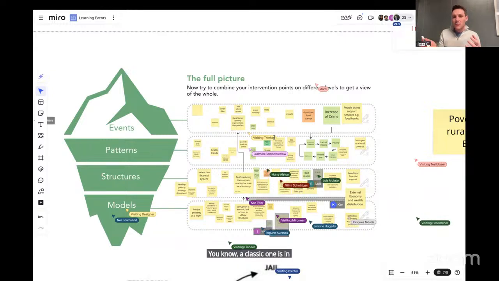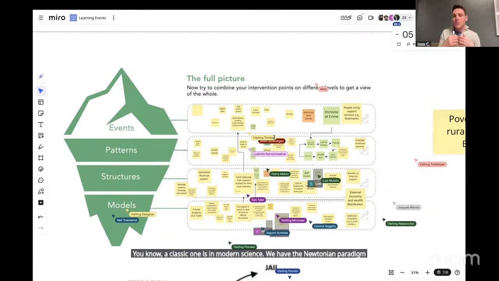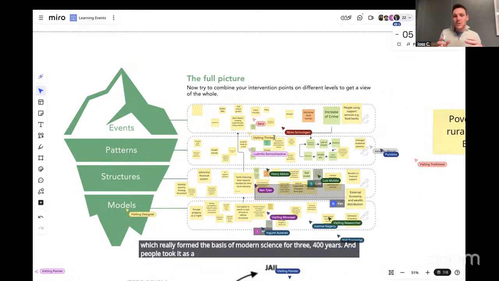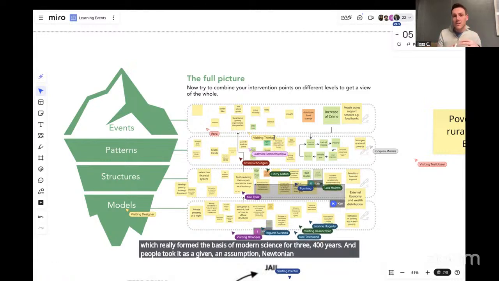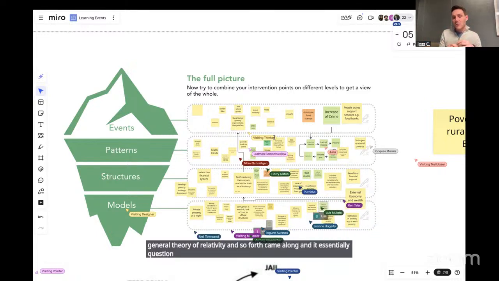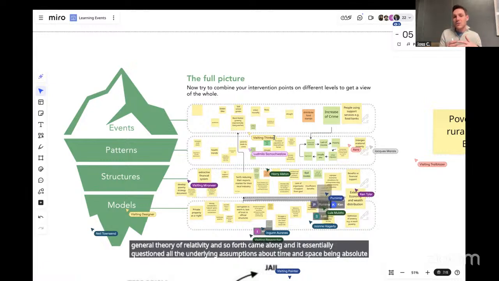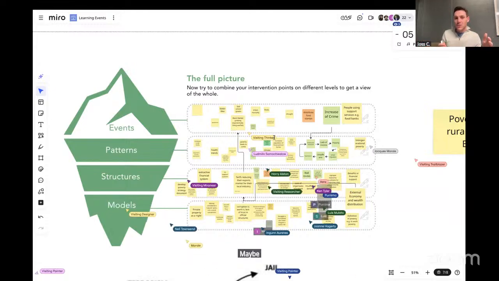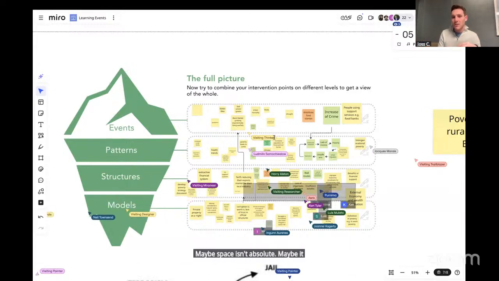We had the Newtonian paradigm, which really formed the basis of modern science for 300-400 years. And people took it as a given, an assumption, until Einstein's general theory of relativity came along. It essentially questioned all the underlying assumptions about time and space being absolute by saying it's relative. So suddenly people woke up and said, oh my God, maybe space isn't absolute. Maybe it changes depending on the speed you're traveling.